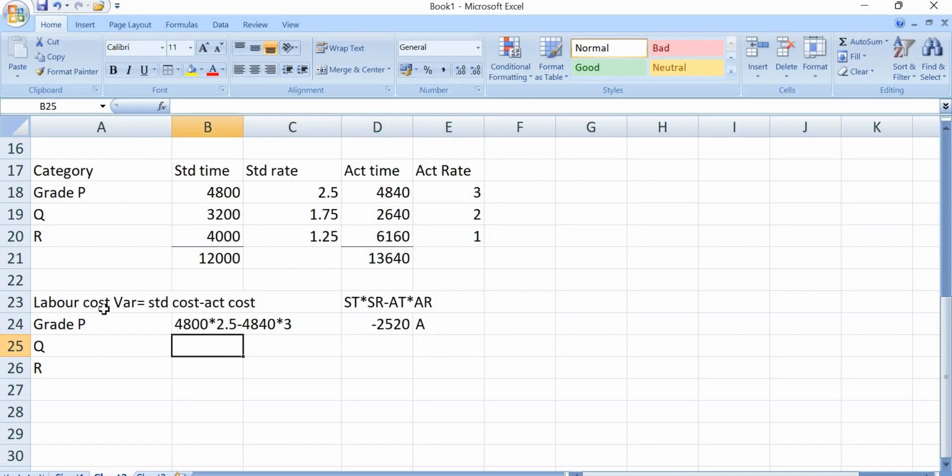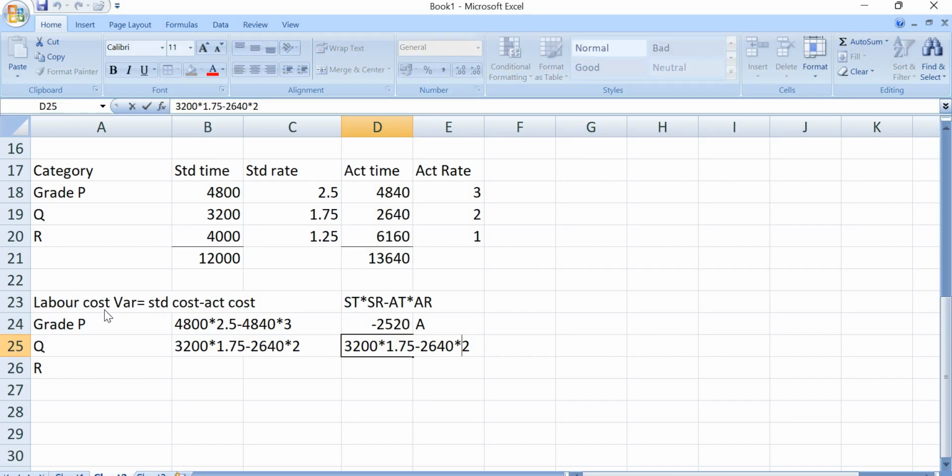So for Q again 3,200 into 1.75 minus 2,640 into 2.